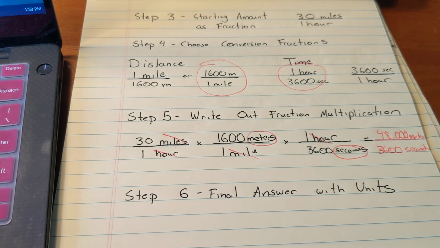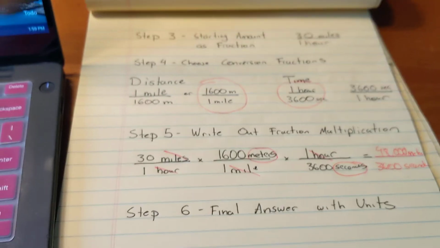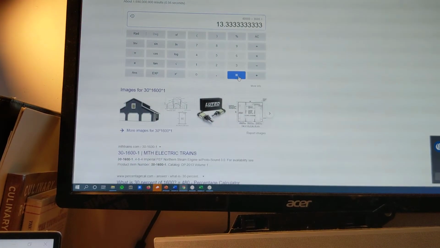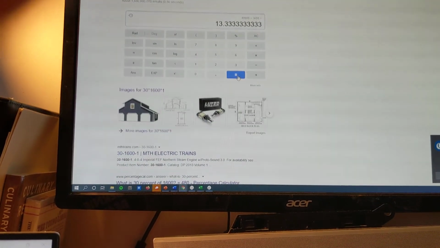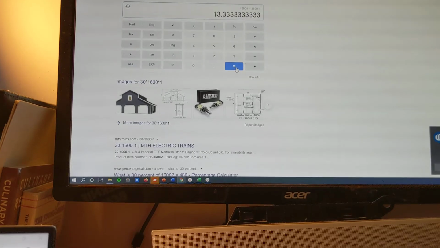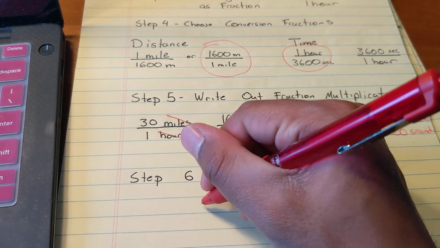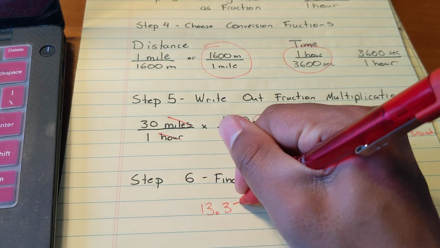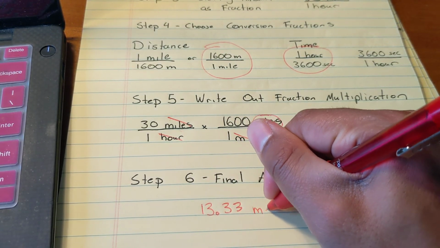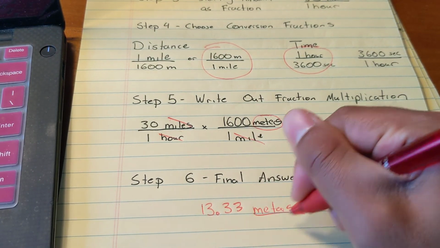Leaving us with 13.33 meters per second. So that's our final answer. 13.33 meters per second.